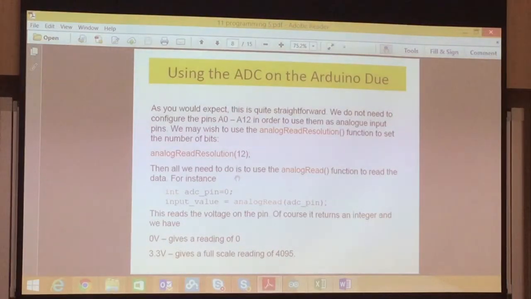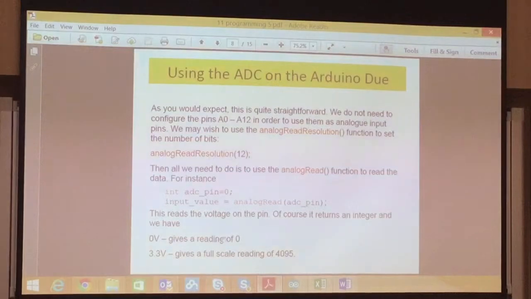Now you want to read the value from the analog pin, so you need to use the analogRead function. You have used digitalRead in the lab. For our exercise today, we need to use analogRead because we want to read the analog reading.